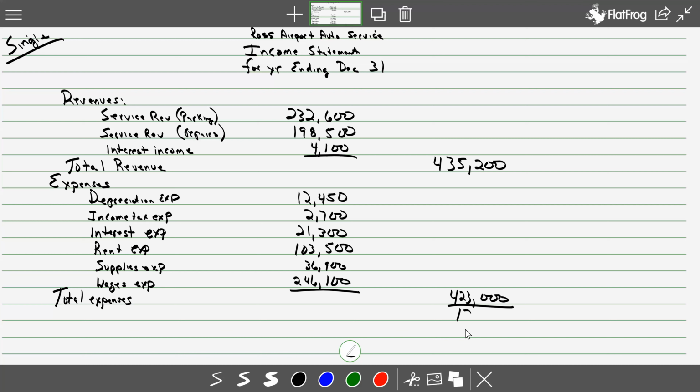Revenues minus expenses gets us $12,200. And our bottom line, what we're looking for, on the income statement, our bottom line is always known as our net income.